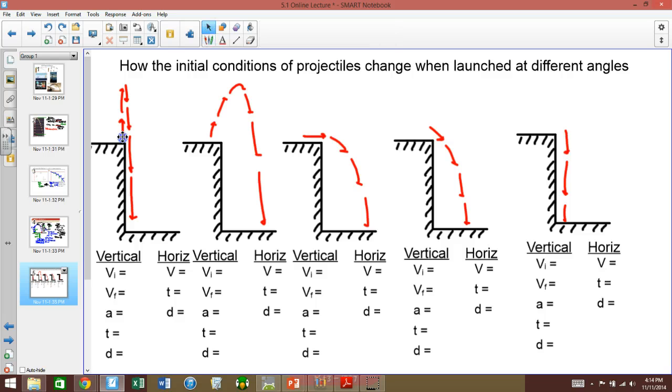All of these different things, the horizontal and vertical components are all kind of similar, and they're all kind of different. What you could say, I'm going to say up is positive in every single case. And in every single case, the acceleration is going to be negative 9.80.